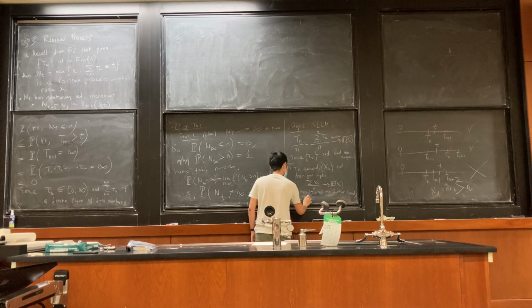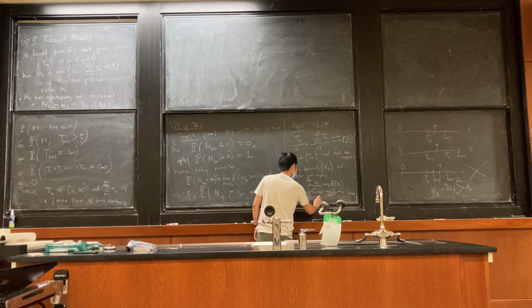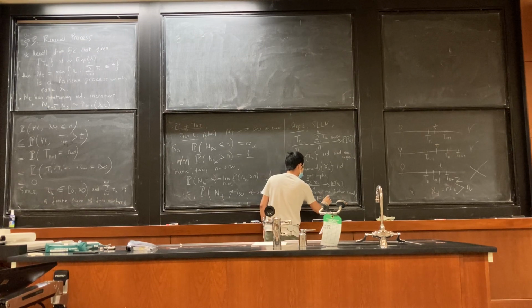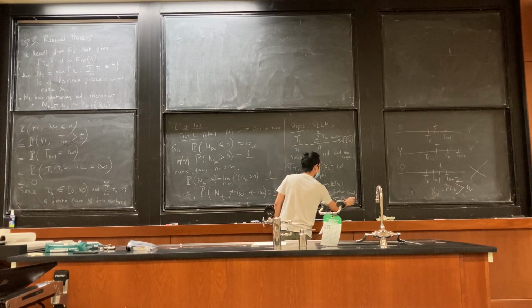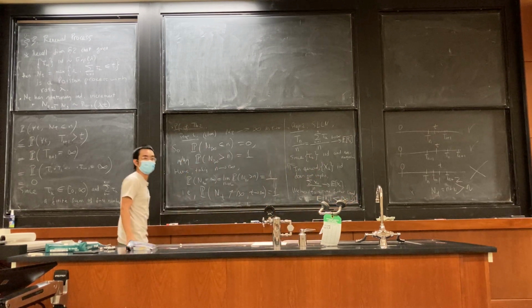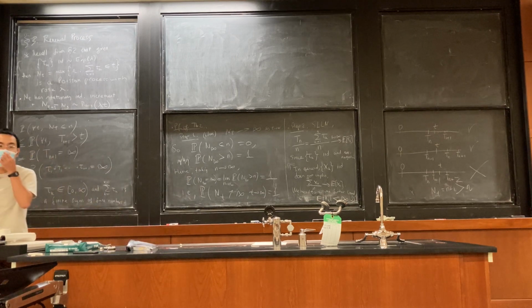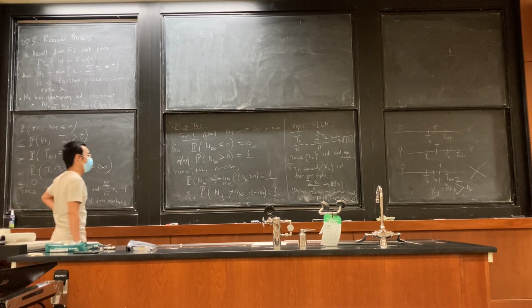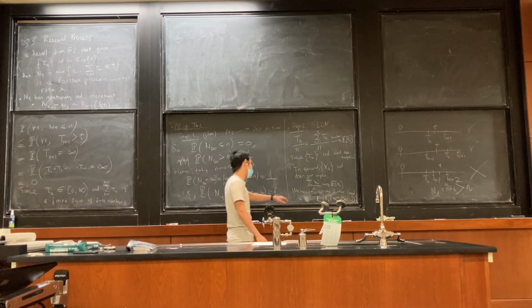For instance, probably you have seen this: the expected value of the absolute value of X_1 is finite. Typically, this is the condition that we impose in the strong law of large numbers.